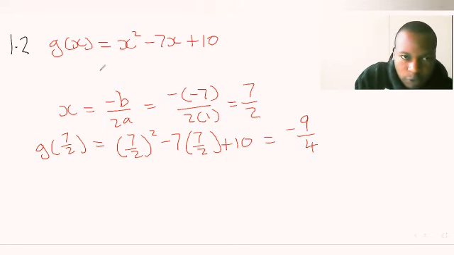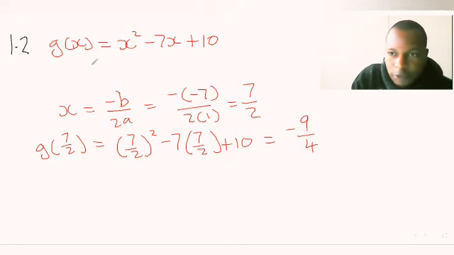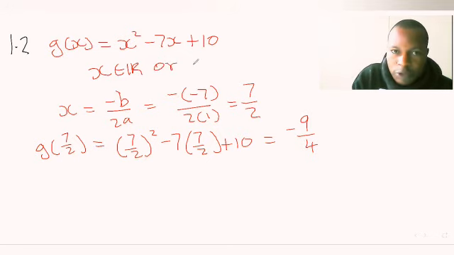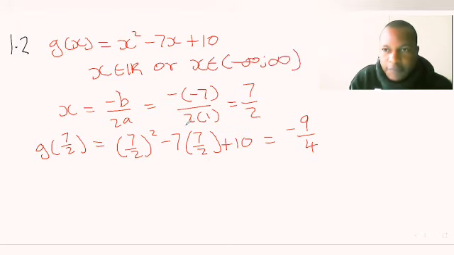We still need to mention the domain. The domain would be x is an element of real numbers, like we had said, or you could also write it as x is an element between negative infinity and positive infinity.